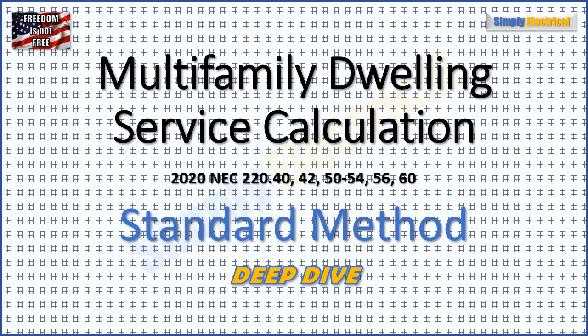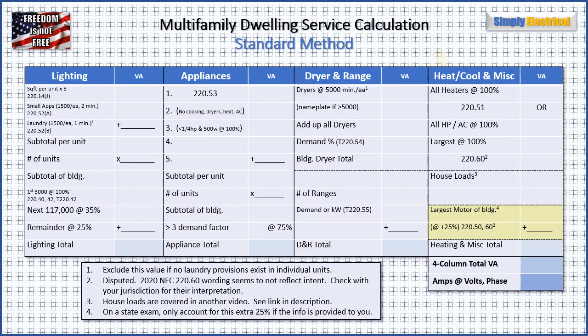So in the NEC 2020, we're going to be using Article 220, Sections 40, 42, 50 through 54, 56, and 60. This is a table I've developed; it's my attempt to make a very simple one-page table that will show you all the steps and everything you need to know to do a multifamily dwelling service calc with the standard method.